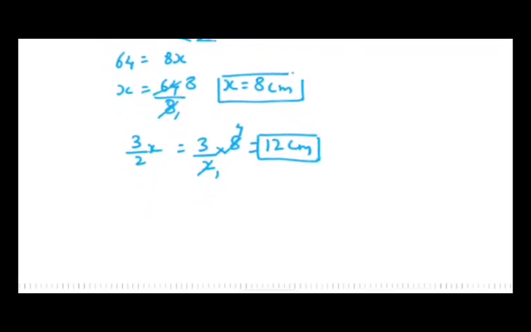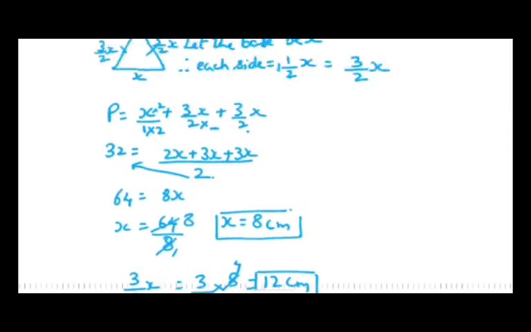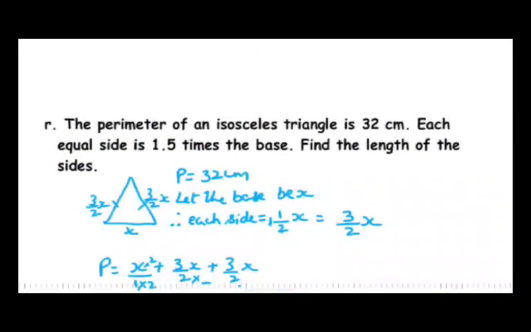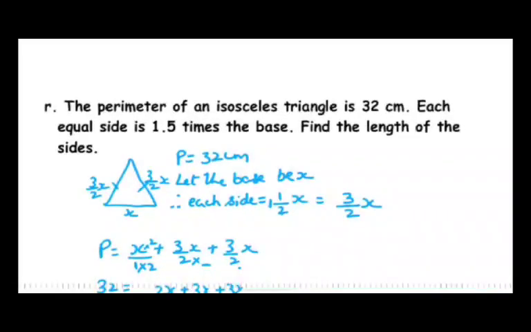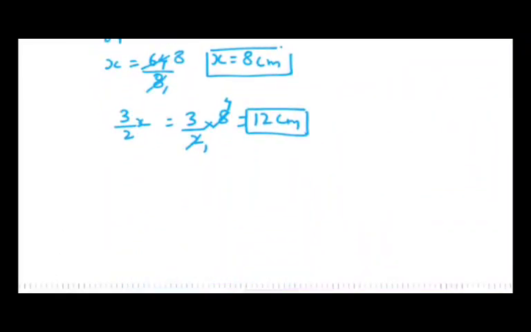So what's my statement going to be? What does it say? Find the length of the sides. Length of the sides. Okay. So lengths of these sides are 8, 12 and 12.